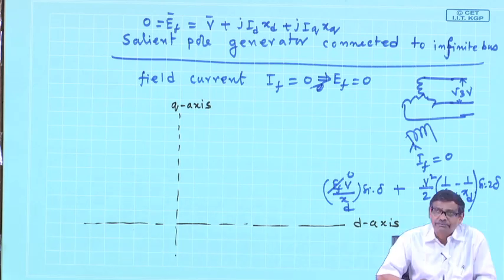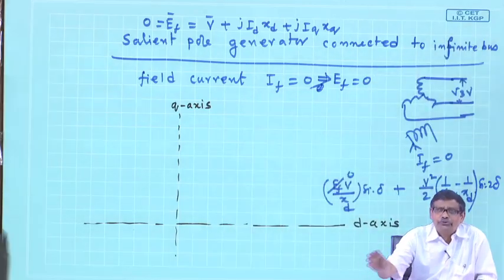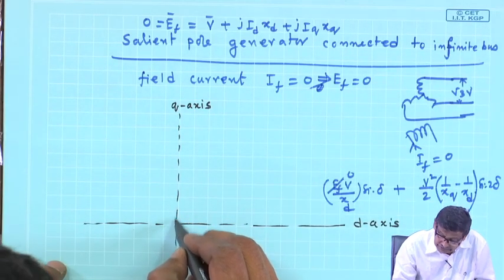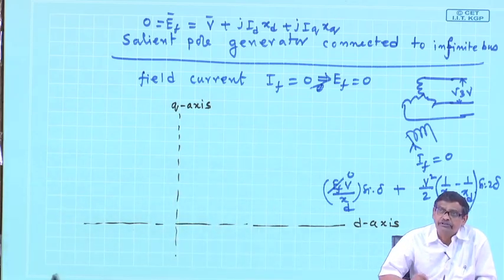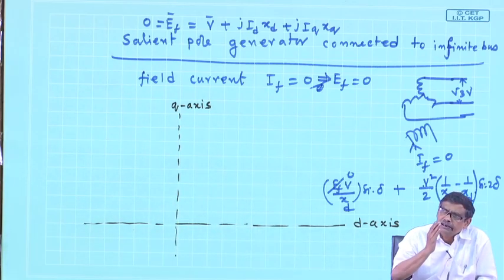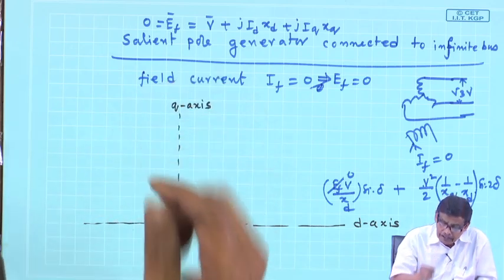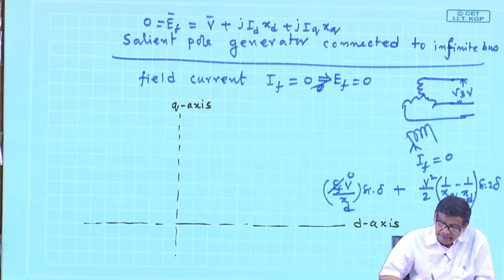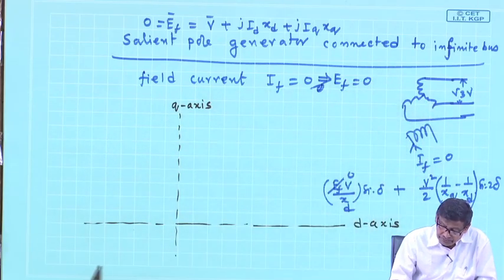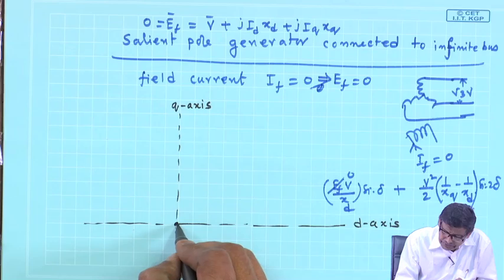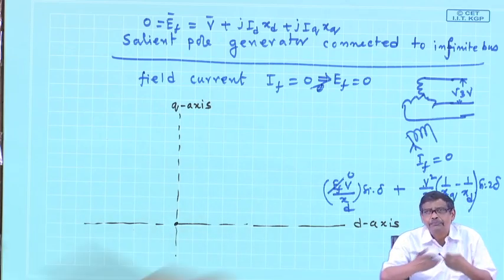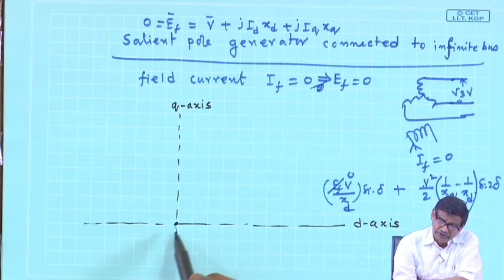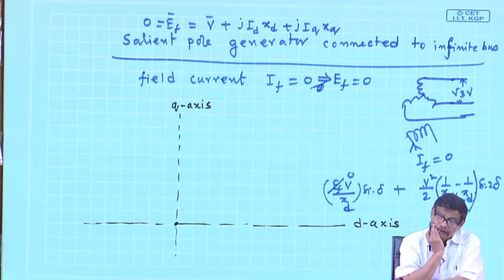Or for that matter, suppose IF is very close to 0, then EF will lie with a small or vanishingly small length. That is how you try to convince yourself. EF 0 means EF is vanishingly small, but its direction will be along the q axis. So although EF is 0 means this point, you imagine an absolutely very small IF exists, EF will be along this line.